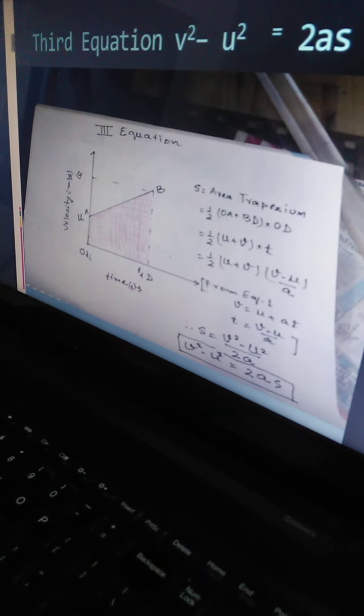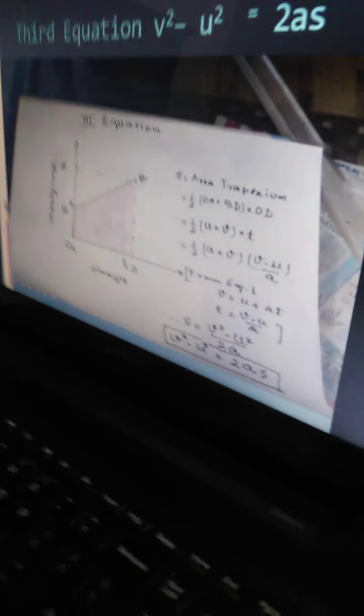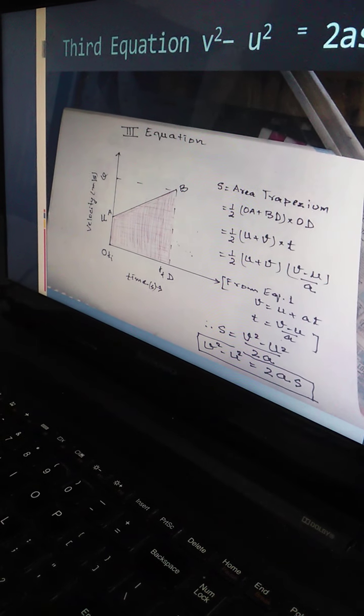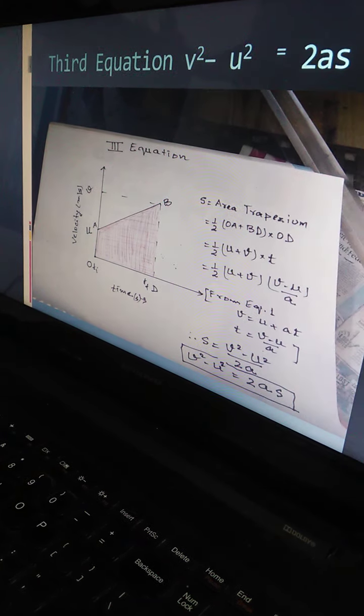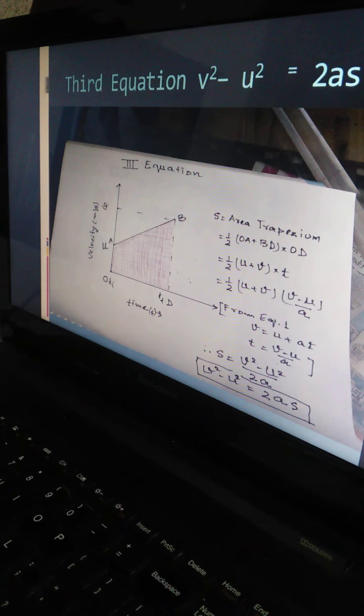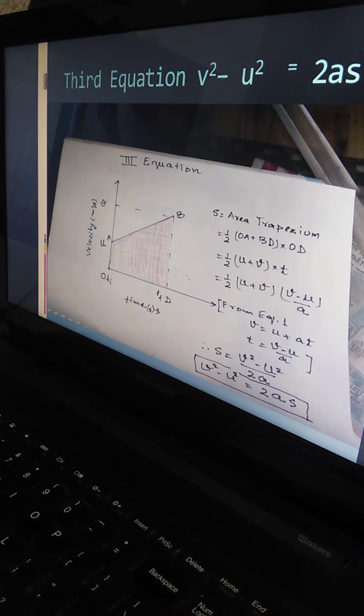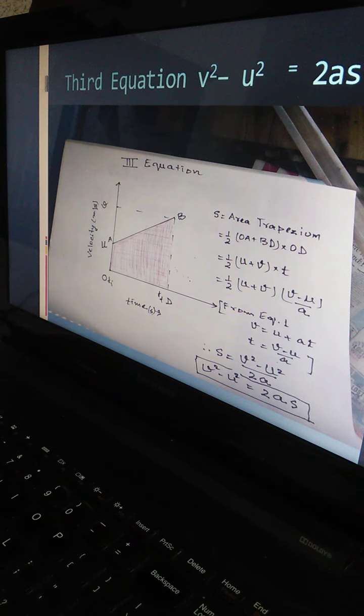Here, look at the graph. Is it not the same graph? Same graph. But here, red color, what we are finding? Instead of dividing it into two geometrical figures, we have taken one single geometrical figure. And what is that geometrical figure?